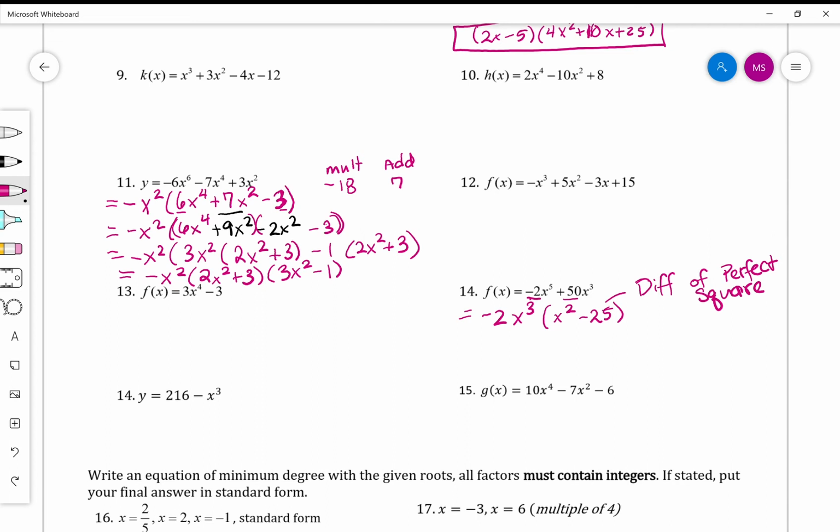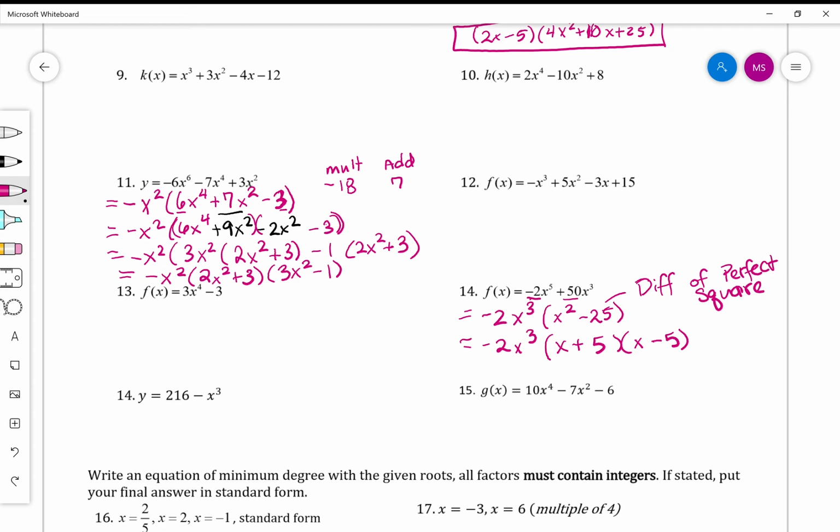A difference of a perfect square. 25 is a perfect square, so you're going to break it down, rewrite everything that you aren't going to touch. Difference of a perfect square is nice and easy. It's going to be x plus and then x minus. The square root of 25 is 5, so 5 here and 5 here. There you go, difference of a perfect square.